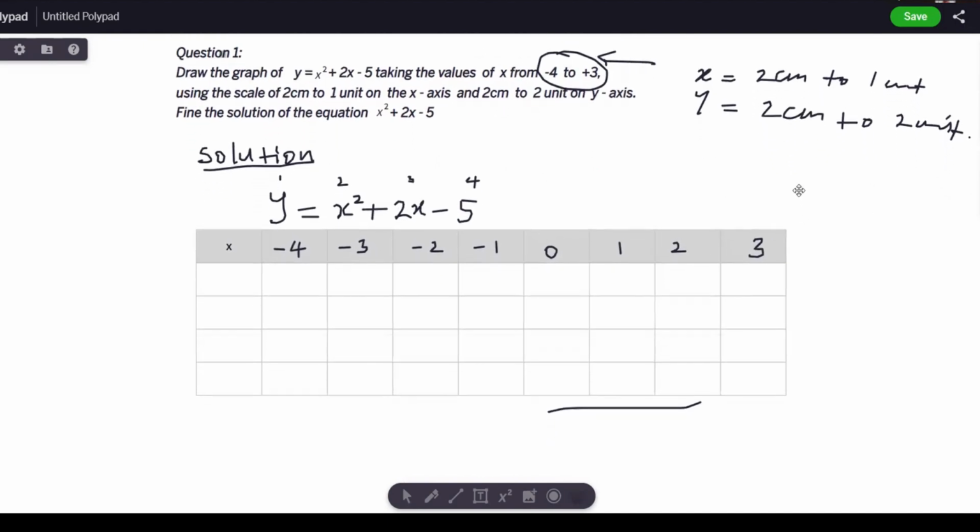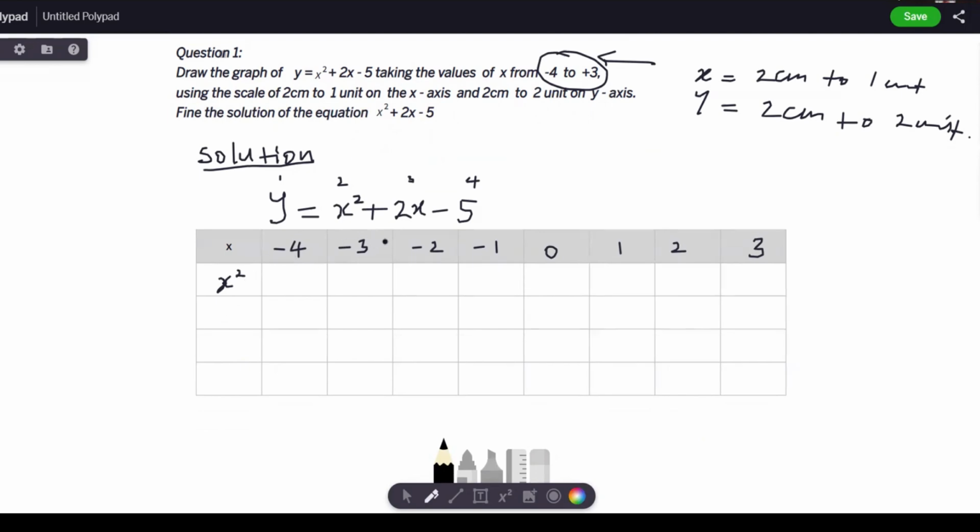Shift this a bit up. At this particular stage, we write our relations, starting from the second one, which is x squared.